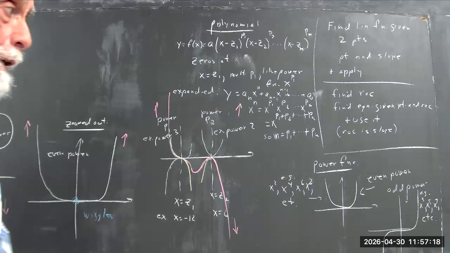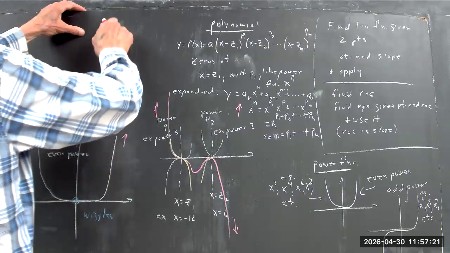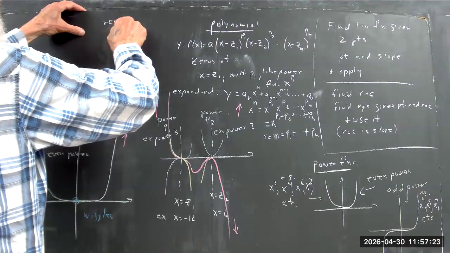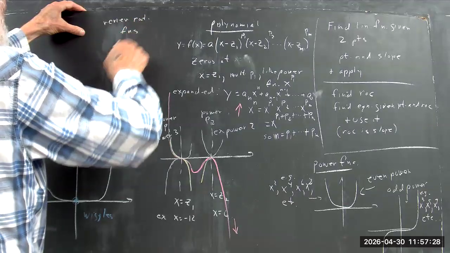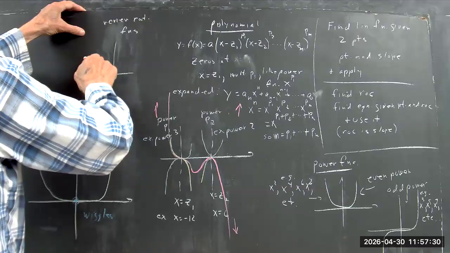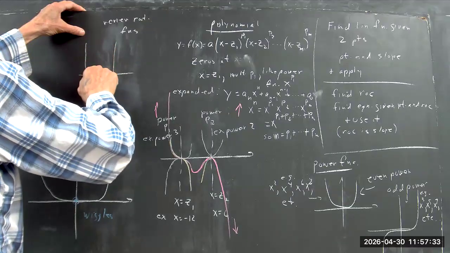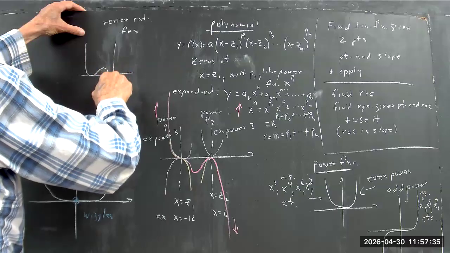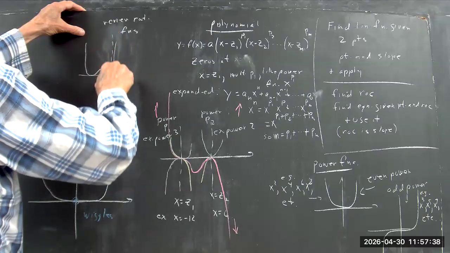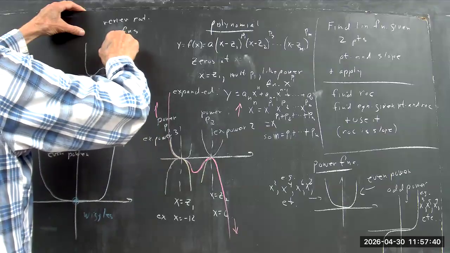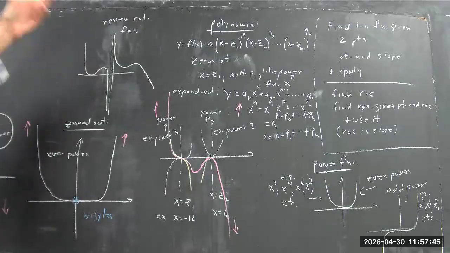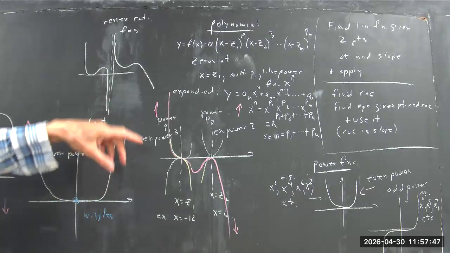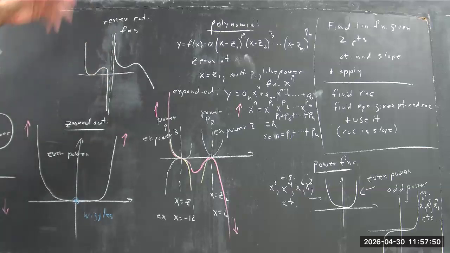I'm not going to talk about rational functions except to tell you to review rational functions, which have graphs that can look like power functions sometimes, and like rational functions with vertical asymptotes and stuff, okay?